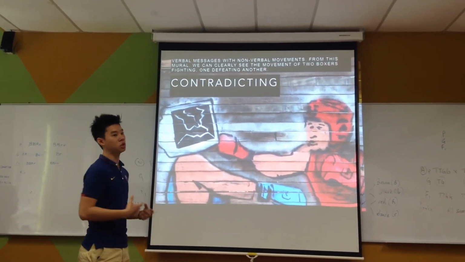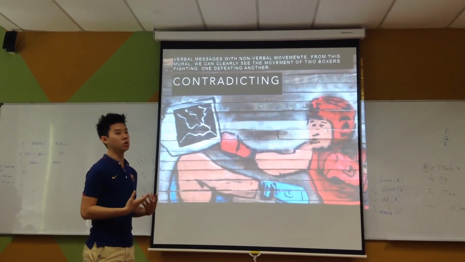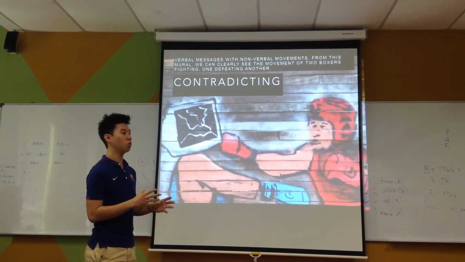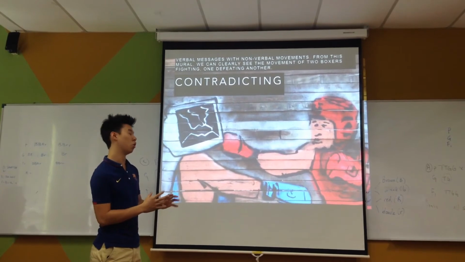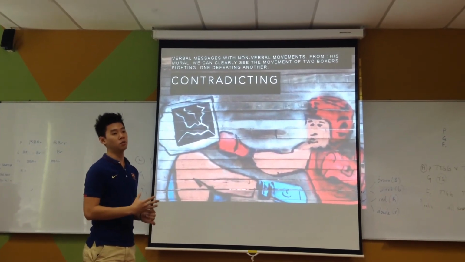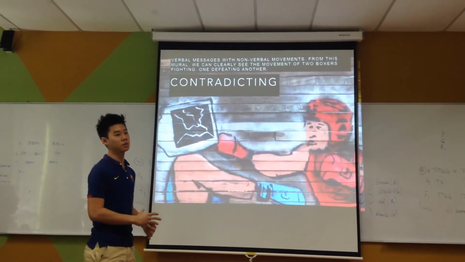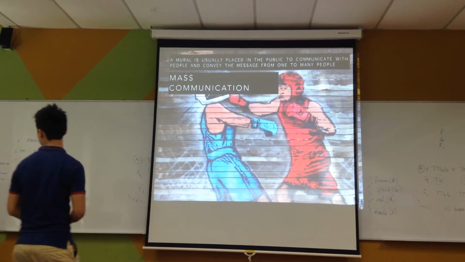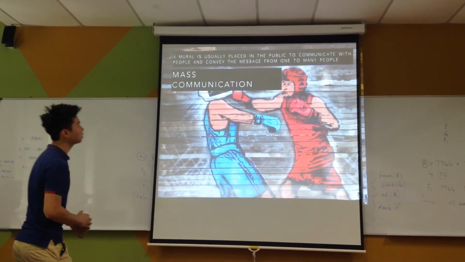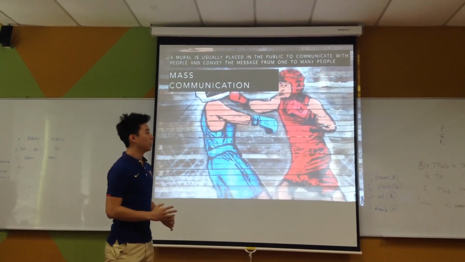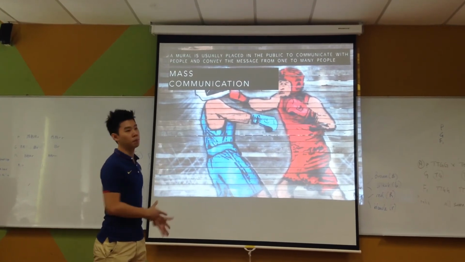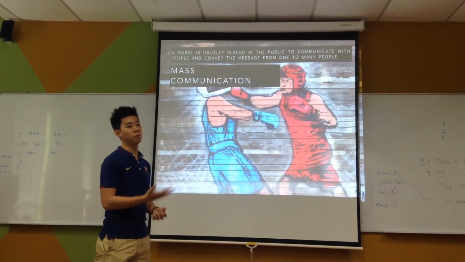So the message they are trying to tell people is that we should not focus on technology, and be more sociable. Okay, mass communication. This is in public, so they are trying to convey this message to the public.